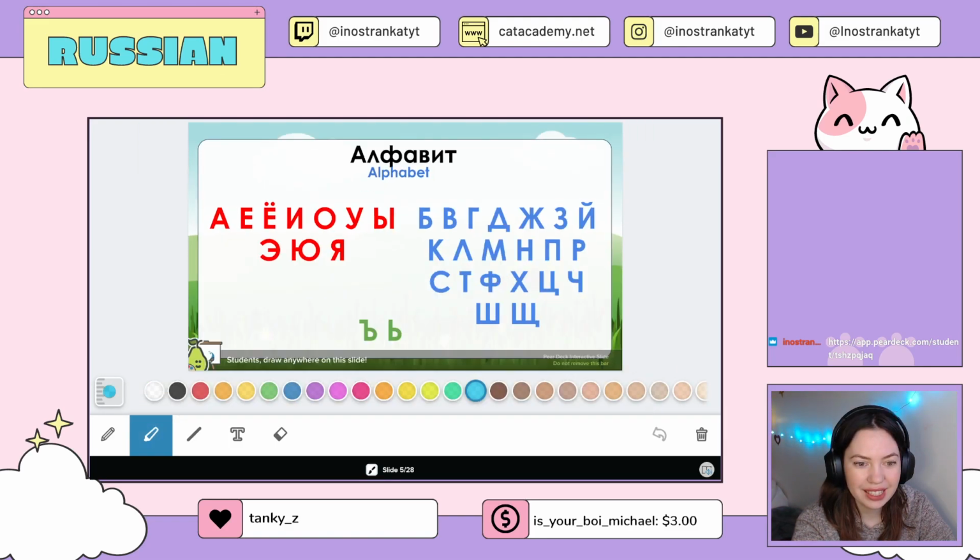Also, last lesson we learned some letters. We were talking about the alphabet. We learned that there are 3 groups of bukvы, of letters, in the Russian alphabet. Who remembers the name? In English is also fine.